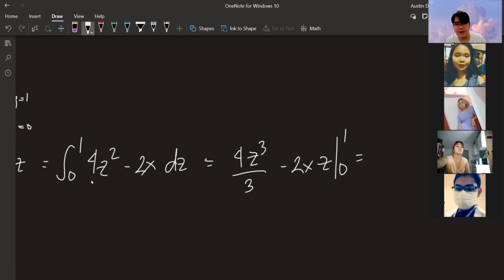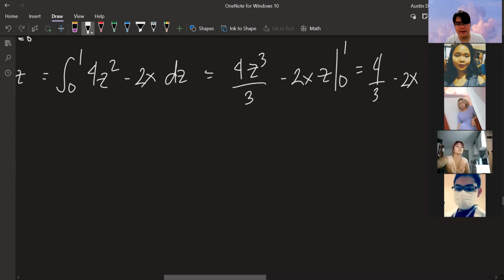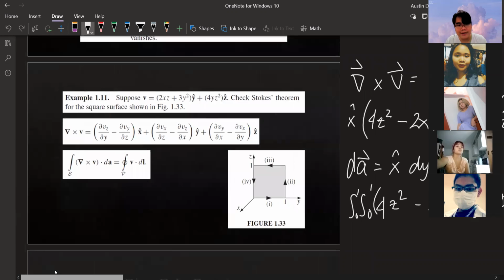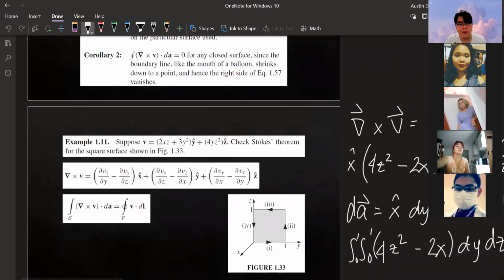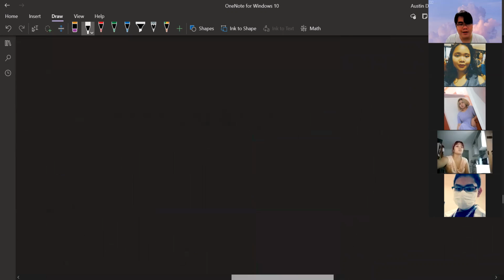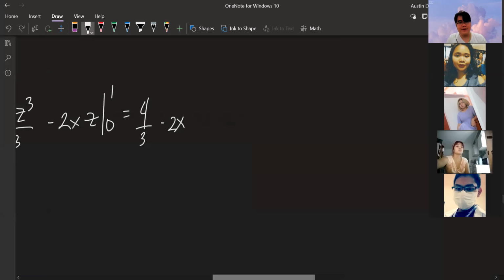So that gives me 4 thirds, minus 2x. Let's evaluate the x. We look at where our x is, where our area is, and we notice that our plane is just on x equals 0. And that gives me 4 thirds.